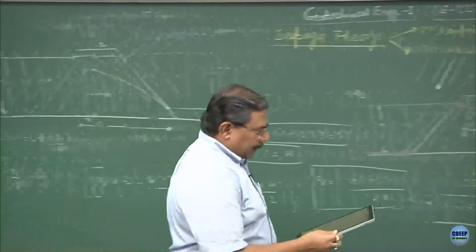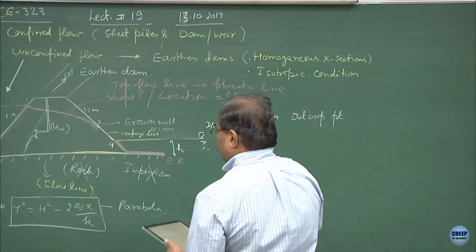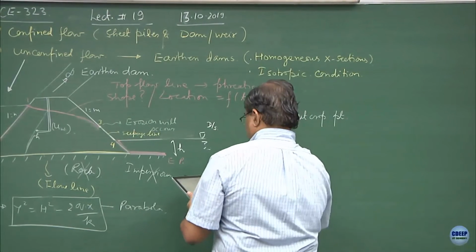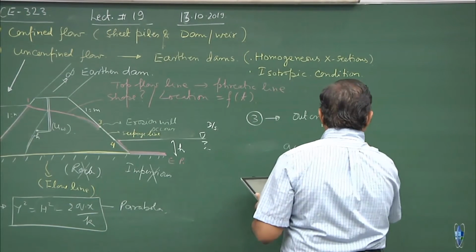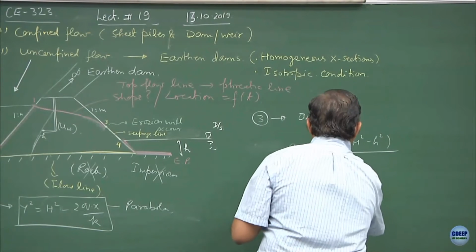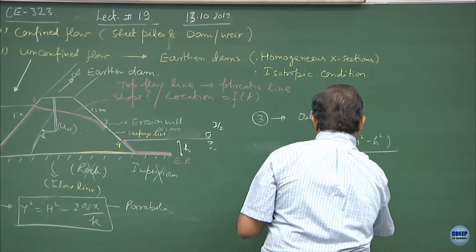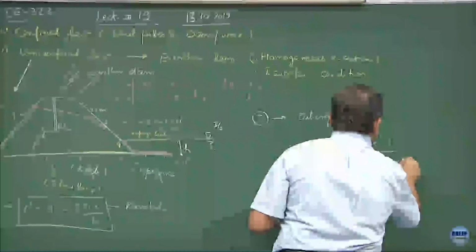So what I can do is I can write this expression as q equal to k h square minus h square over 2 times b plus n h minus h.